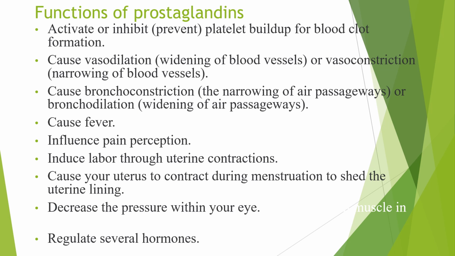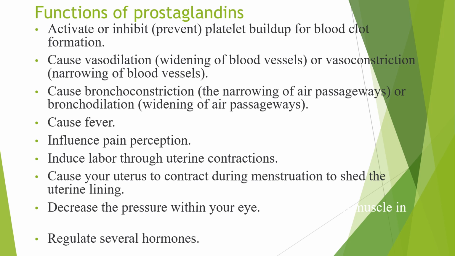Now, another important function of prostaglandin is that it induces labor through uterine contraction. This is very important. Now, if you take ibuprofen, then we will not have labor, and labor is required for pregnant women.